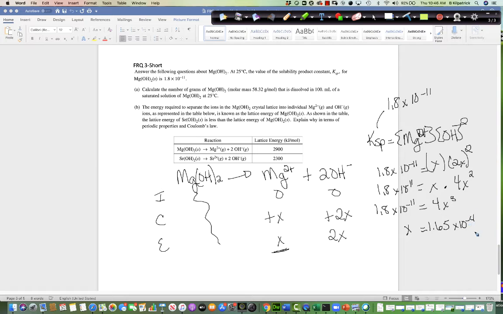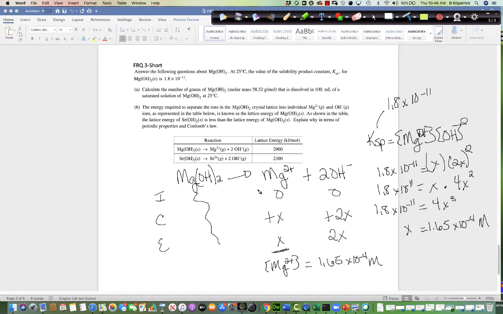So what does this represent? First of all, I know it's a concentration, so moles per liter, and that's what little x is. So the concentration of magnesium in that solution is going to be 1.65 times 10 to the negative 4th moles per liter.